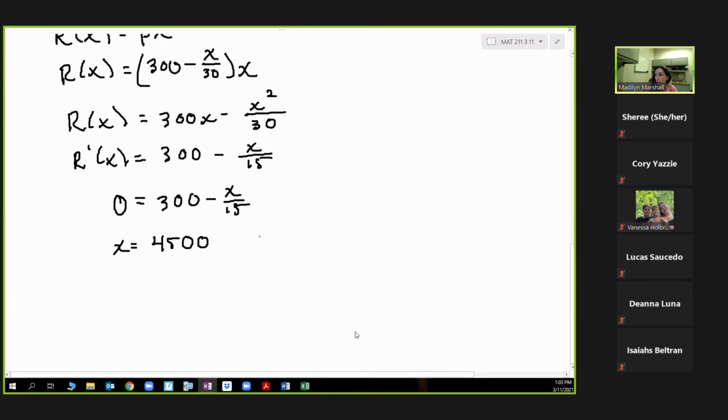I want to use the second derivative test here just to show how it works, but you can use a sign chart still. So we need to know if this is a max, min, or a neither.